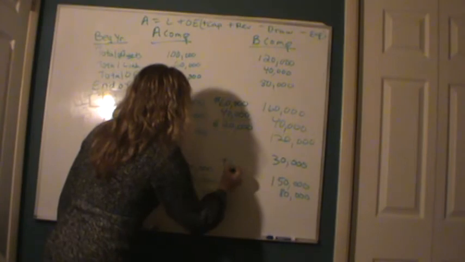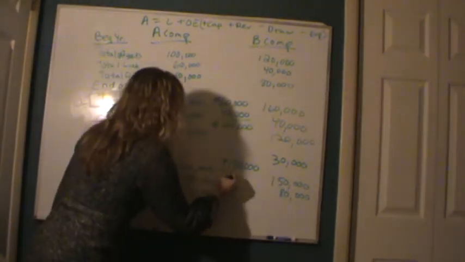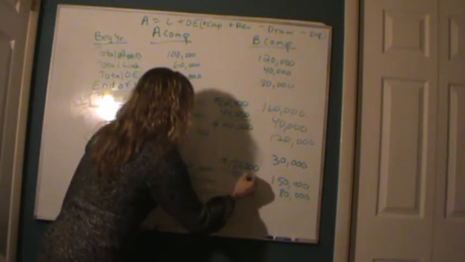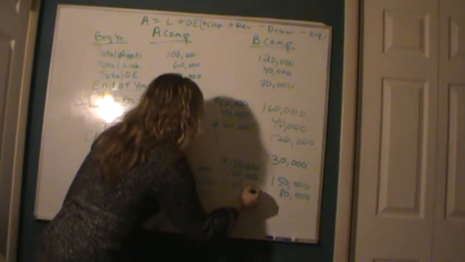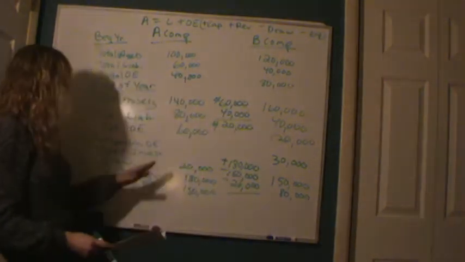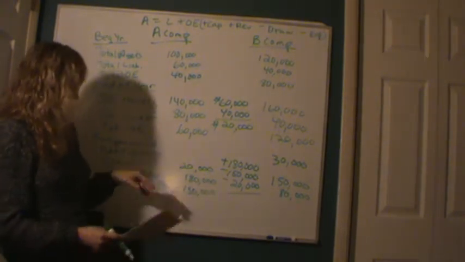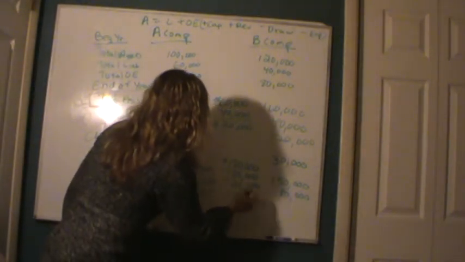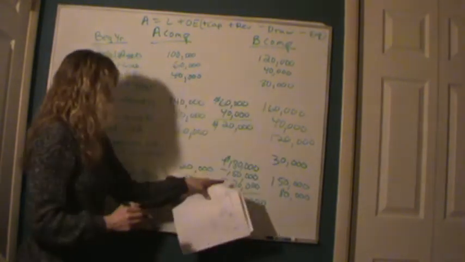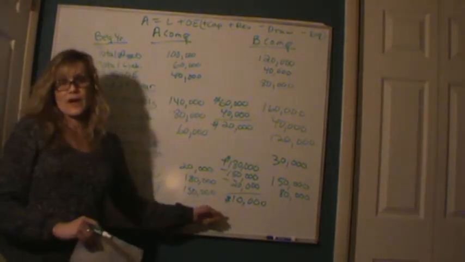Again, remember, we're looking for the additional investment amount. So let's take those amounts we add and subtract and just see what happens. Total revenues are an addition of $180,000. Expenses are a subtraction of $150,000. And our drawings are a subtraction of $20,000. Looking at revenues, expenses, and drawings, owner's equity would have changed by $10,000. $180,000 minus $150,000 minus $20,000 gives us $10,000.